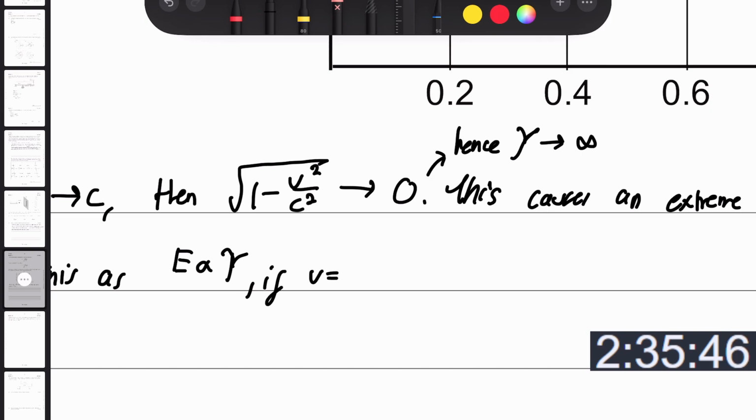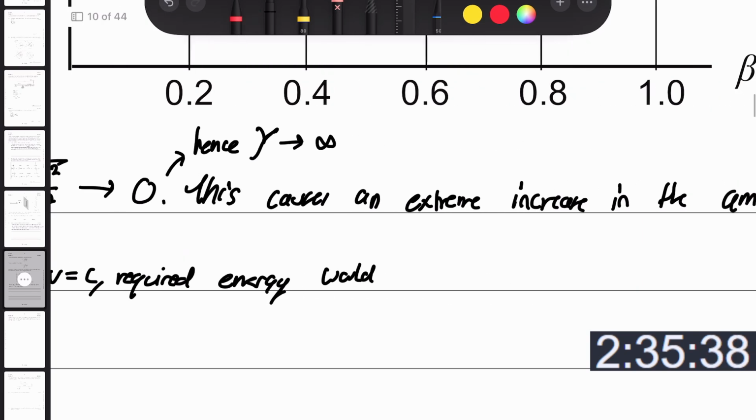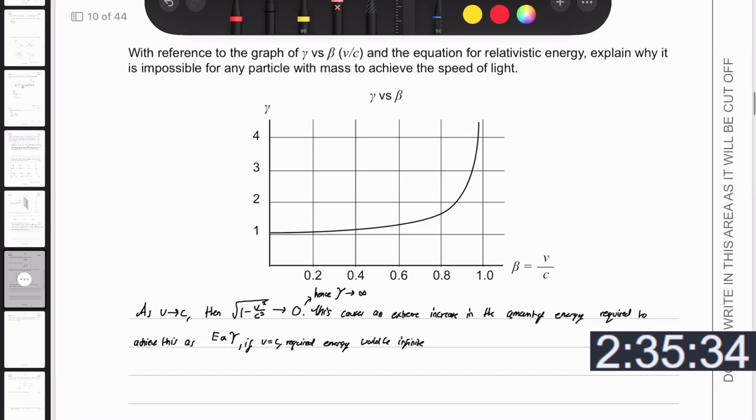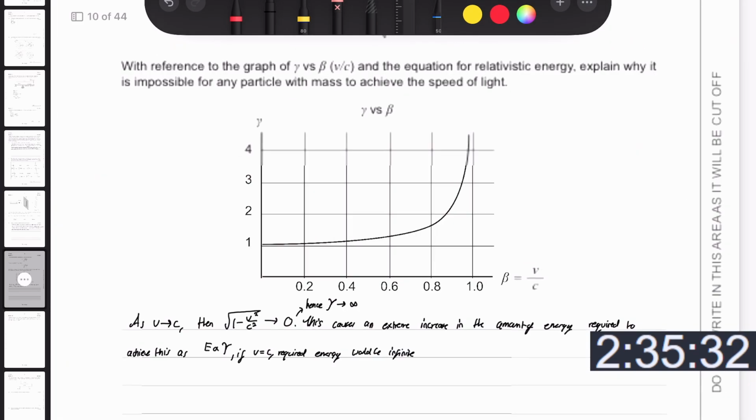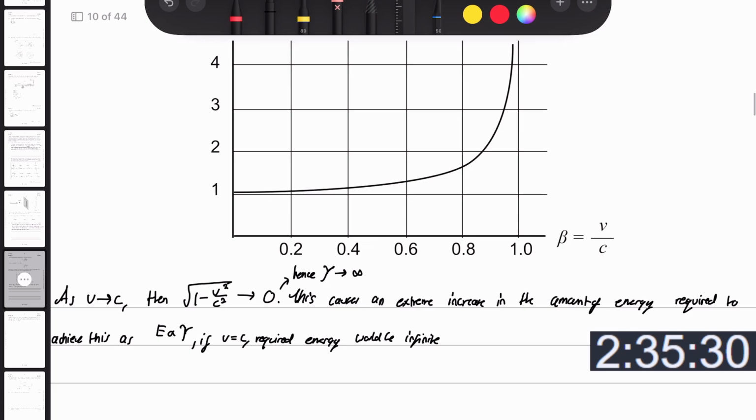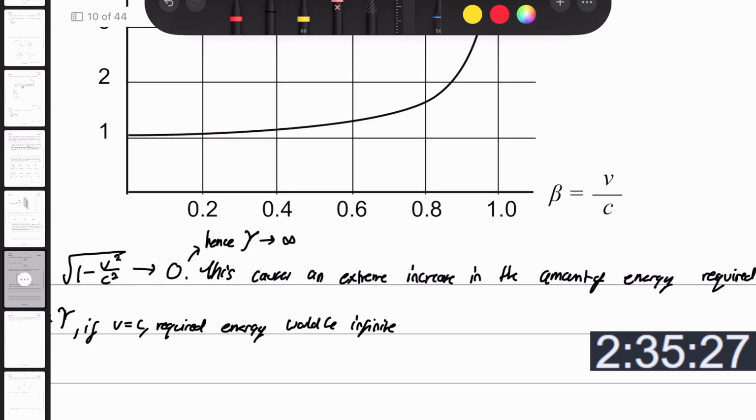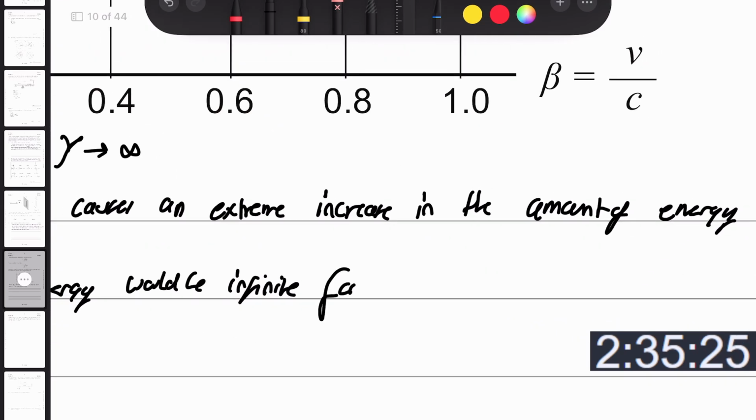If v equals c, required energy will be infinite for a particle with mass.